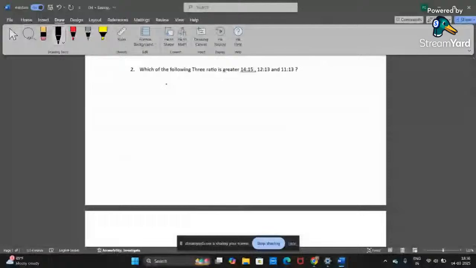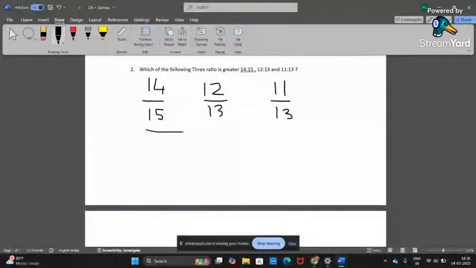This 14 is to 15, we can write as 14 by 15, right? This 12 is to 13, we can write as 12 by 13. Again, this we can write as 11 by 13. Then between these two, we have to find which one is greater first.